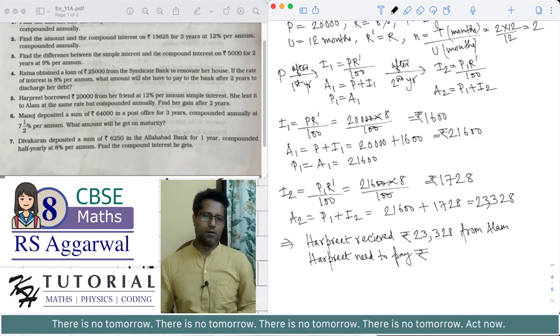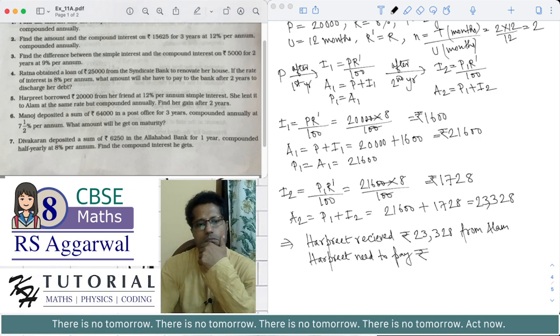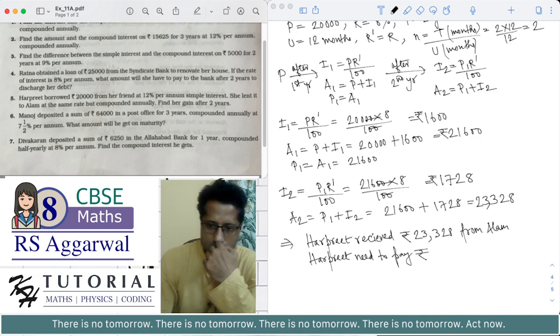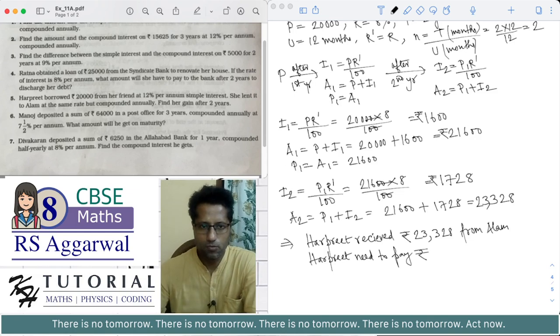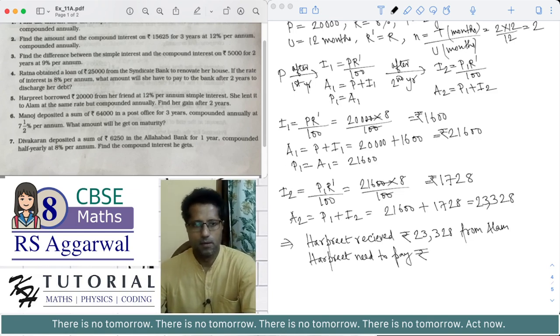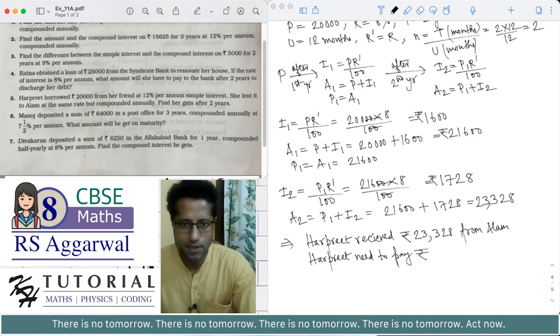Harpreet borrowed from a friend at 12% per annum simple interest. She lent it to Alam at the same rate but compounded annually. The amount that Alam needs to pay to Harpreet should be more than the amount Harpreet needs to pay to her friend, so that Harpreet will have some gain.